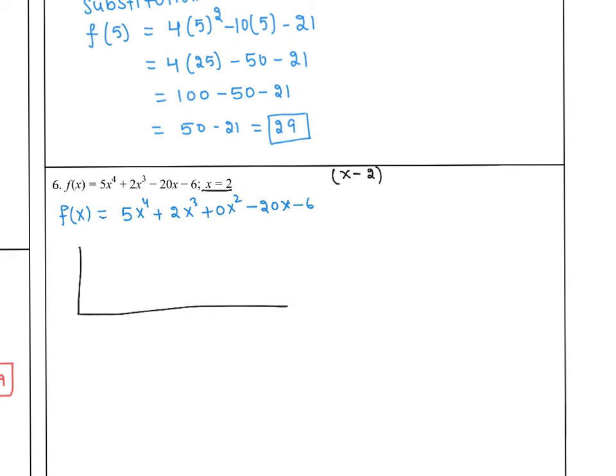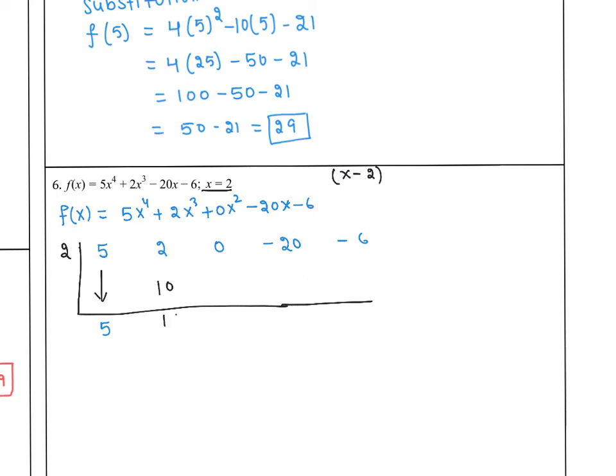Write an L or a half rectangle for synthetic division. You're using x equals 2. And then the coefficients are going to be 5, 2, 0, negative 20, and 6. Apply the synthetic division. Bring down the 5 as it is. Multiply with 2, and you're going to get 10.